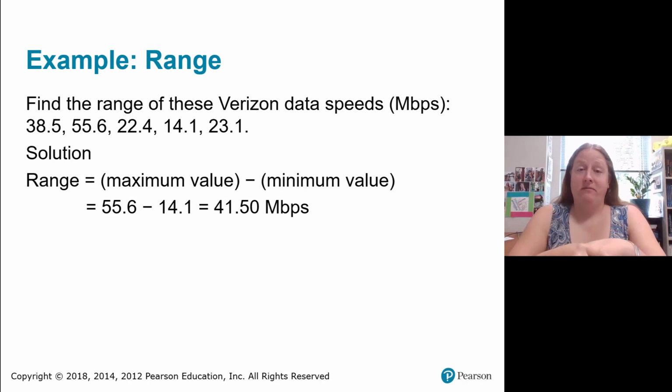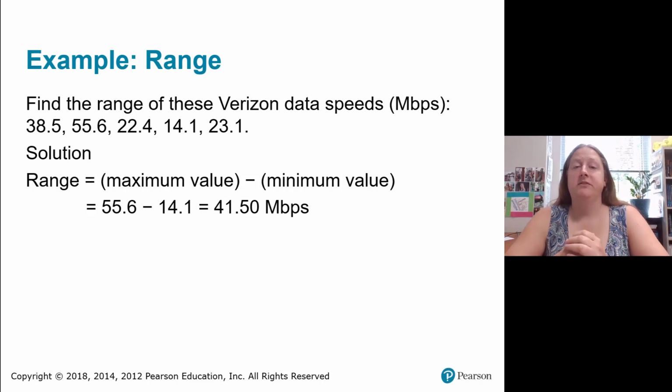So let's take a look at an example of finding the range. If we have Verizon data speeds of 38.5, 55.6, 22.4, 14.1, and 23.1, and we want to find the range, we need to identify the maximum value and the minimum value from our data set.